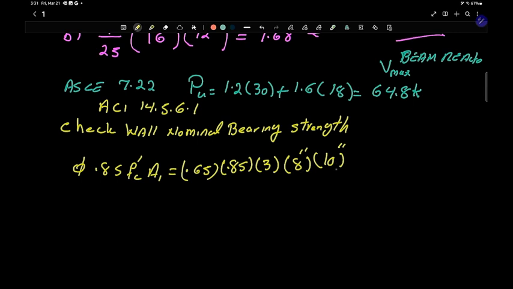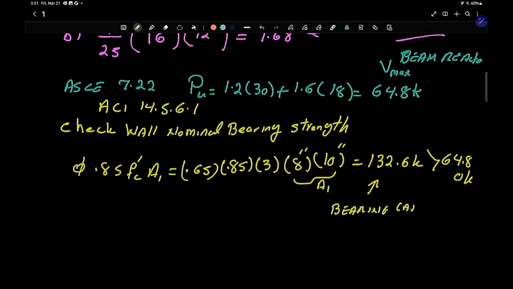So that's what the area comes out to be, and that's going to come out to be 132.6 kip, which is bigger than our load on top of it, and we are okay. This is the bearing capacity, which is bigger than the load, and that's what we like.